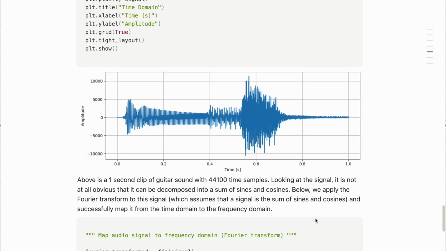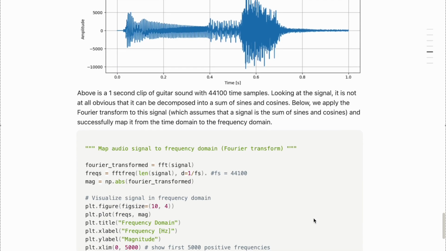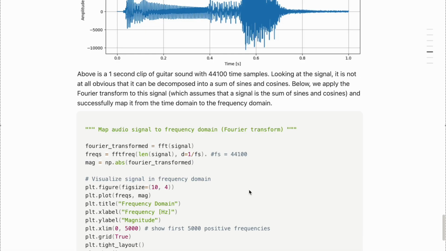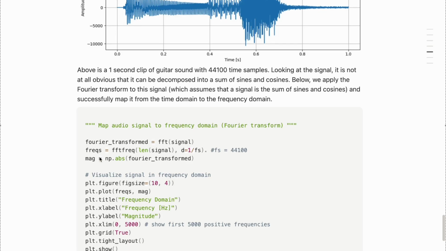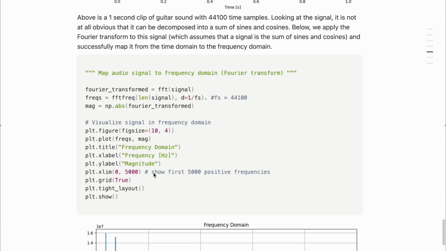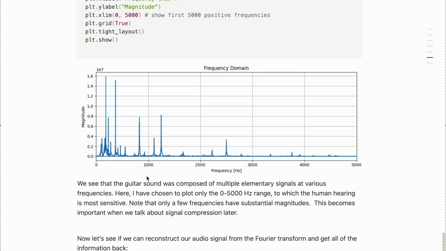So we will apply the Fourier transform to it. So this is our guitar sound signal. We take the fast Fourier transform of that. And just like before, we extract the frequencies and magnitudes from this array of complex numbers using this code, and then we plot it. And sure enough, we end up with a nice frequency spectrum.